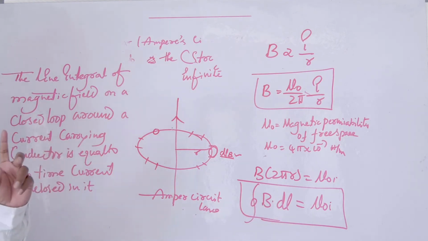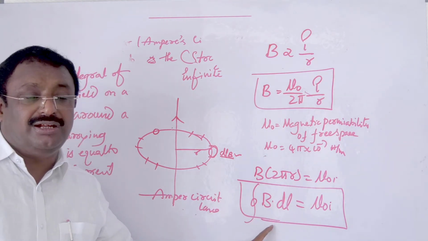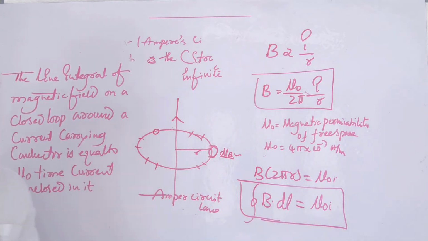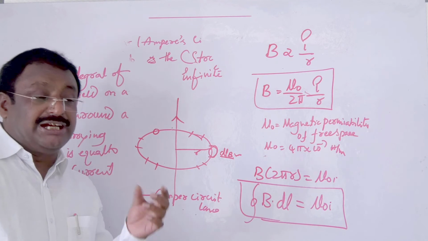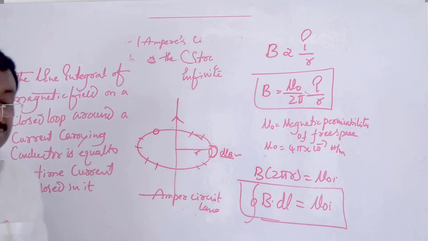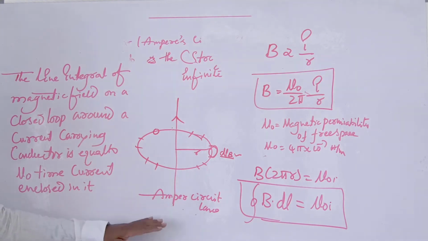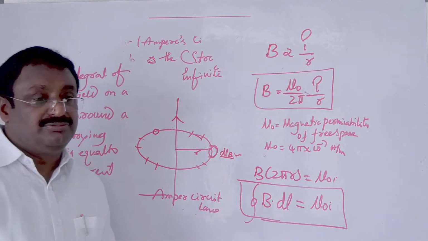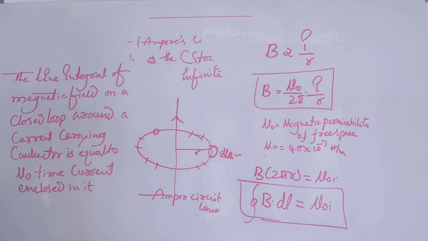Biot-Savart law is based on experimental results, whereas Ampere's law is purely mathematical. In the Biot-Savart law the current can be asymmetric, fluctuating with time, whereas in Ampere's law the current is symmetric, not fluctuating with time. So where there is symmetry, we can use Ampere's law.